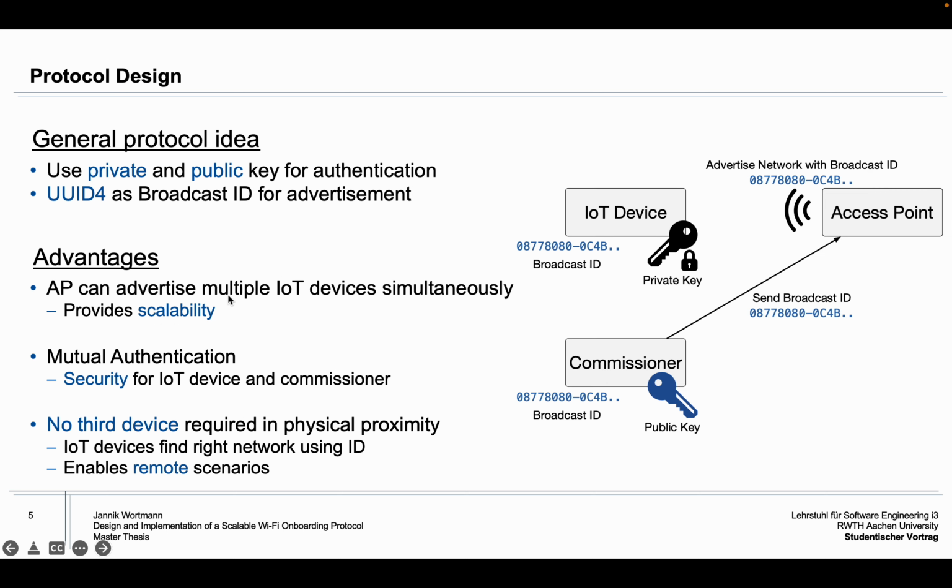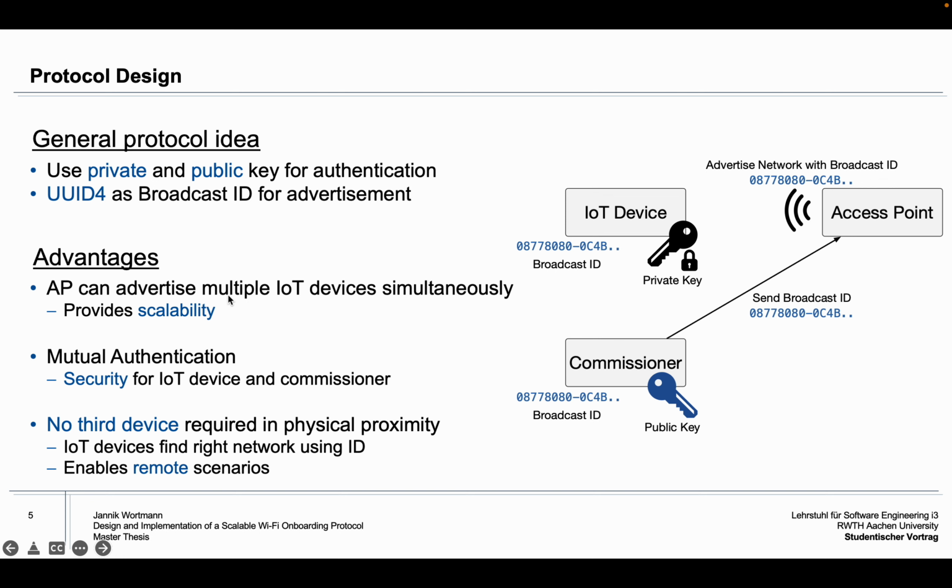So now let's come to the general protocol idea and the protocol design. The general protocol idea was to use a private and public key for authentication and an almost unique UUID4 as the broadcast ID for advertisement. As we can see on the right side here, the commissioner and the IoT device are in possession of the same broadcast ID and are in possession of the public key and the private key respectively.